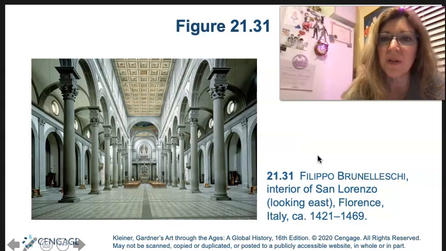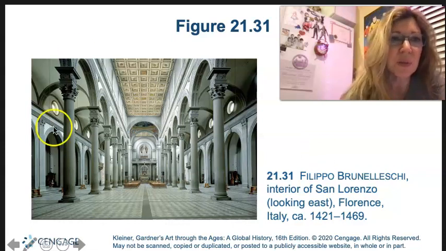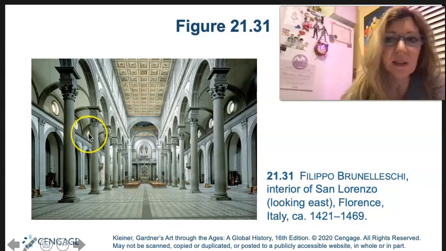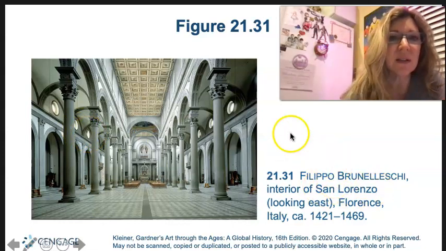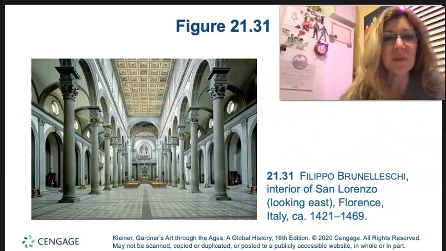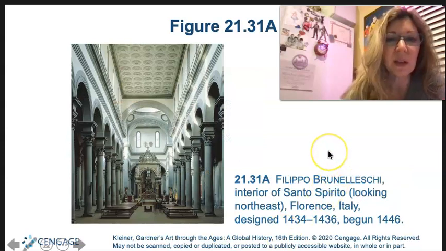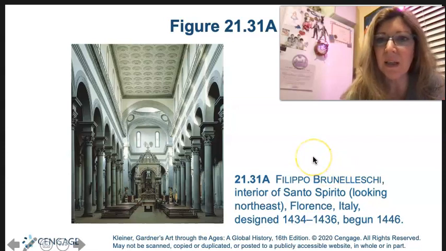The term art historians use of the windows used by Brunelleschi, these little guys here, in buildings such as San Lorenzo, is oculus. So each of these is like a little eye. Oculus means eye. Okay, this is the interior of Santo Spirito by Brunelleschi.